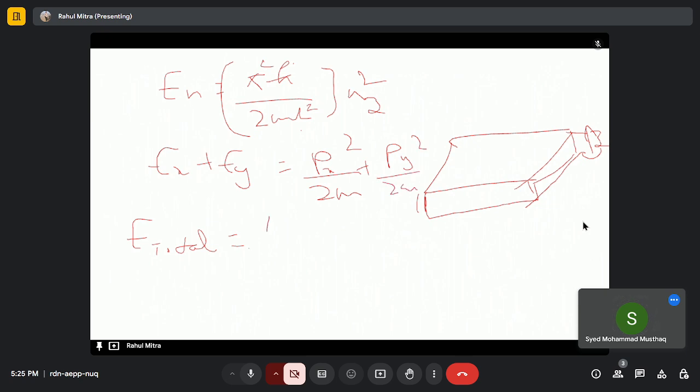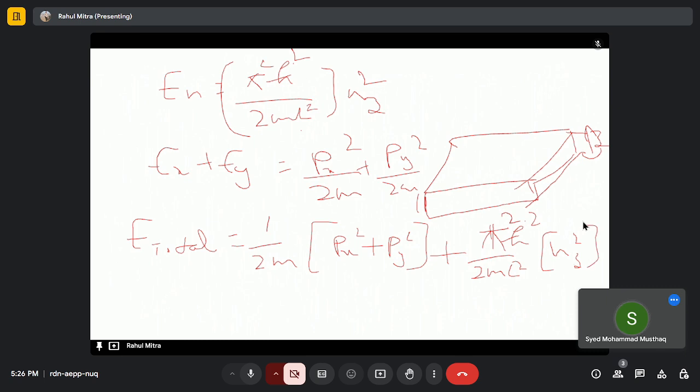So 1 by 2m (px square plus py square plus pz square) equals 1 by 2m, and you can take out pi square h cut square, and that is our total energy.